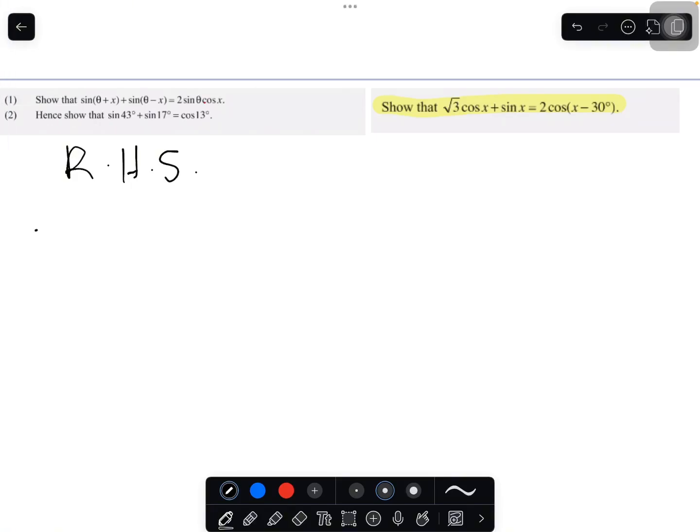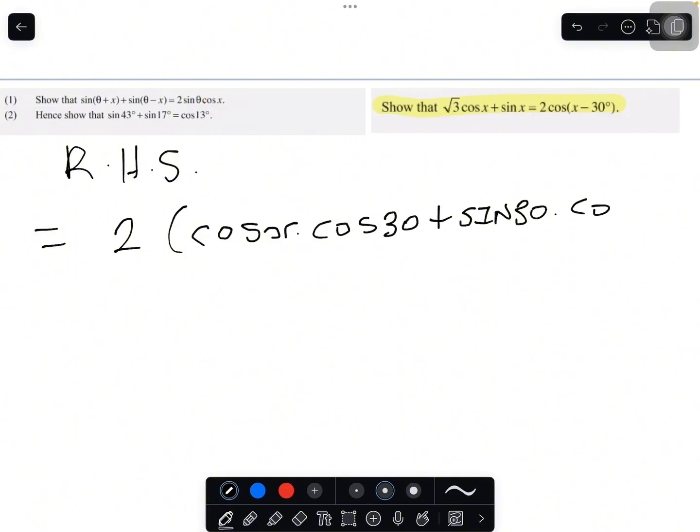So I'm going to go 2 into cos x times cos 30 plus sine 30 times sine x. Oh, I'm dealing with my cos here. And that now equals 2 into, we know that cos 30 equals root 3 over 2.